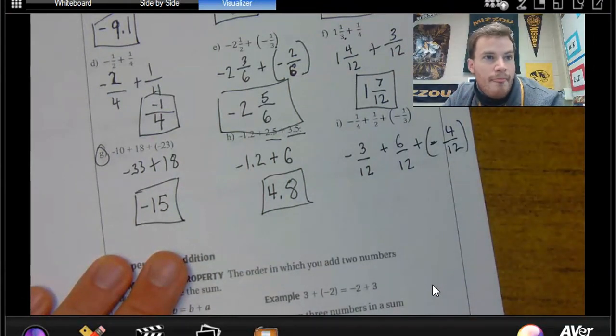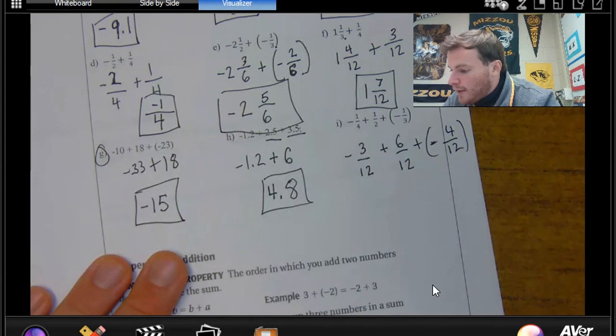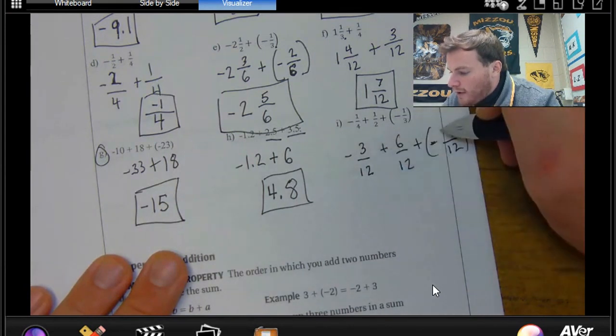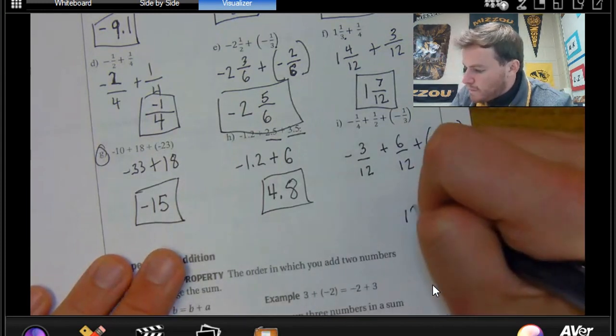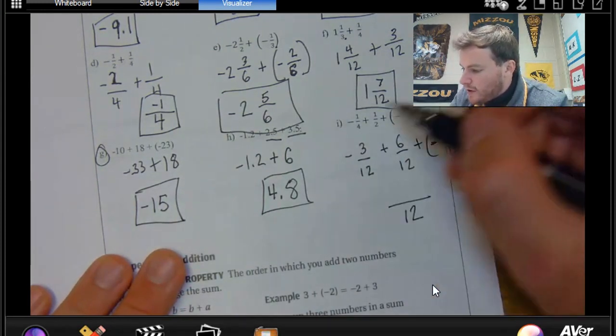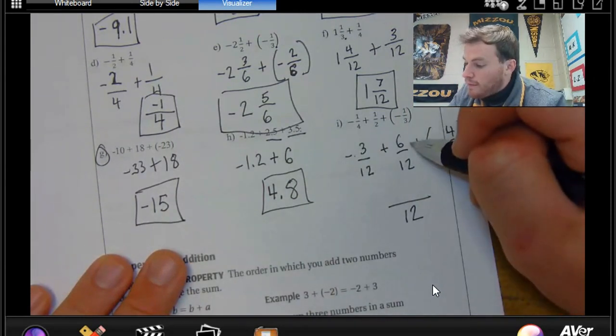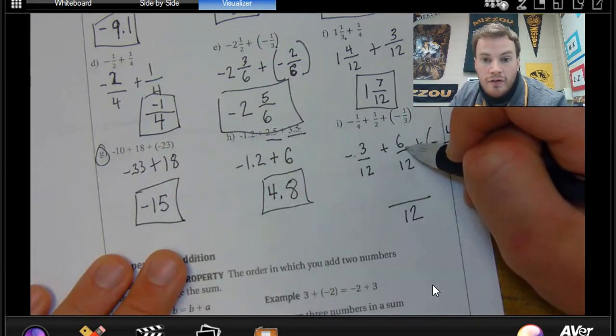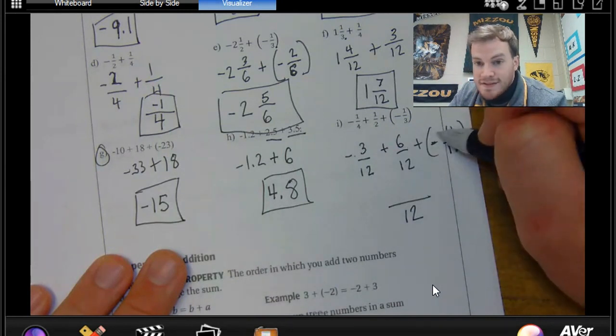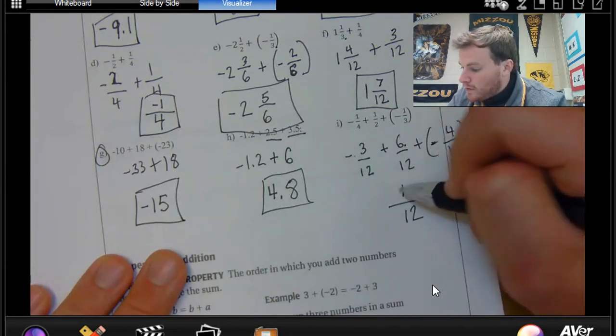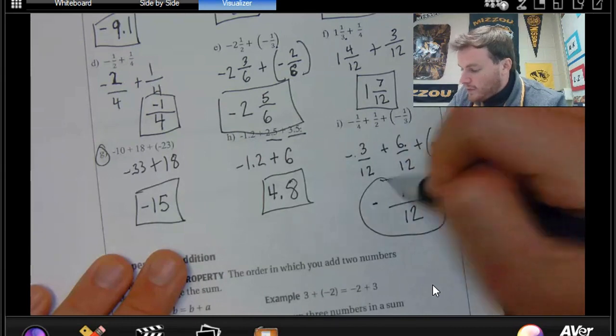Okay, see that? When you see that, you can put it in. We just add across, okay? We know their denominators would stay 12. Negative 3 plus negative 4 is a negative 7. Negative 7 plus a 6 is negative 1. So it's going to be negative 1 over 12.